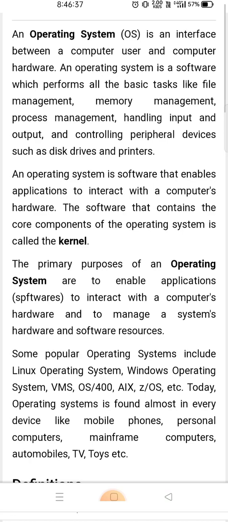The primary purposes of an operating system are to enable applications to interact with a computer's hardware and to manage a system's hardware and software resources.